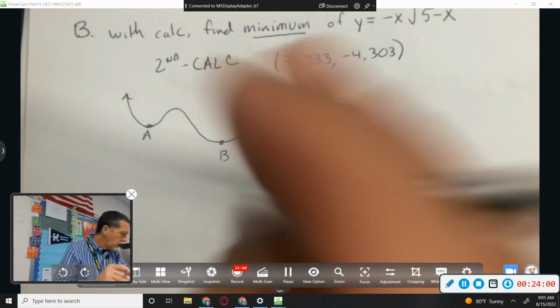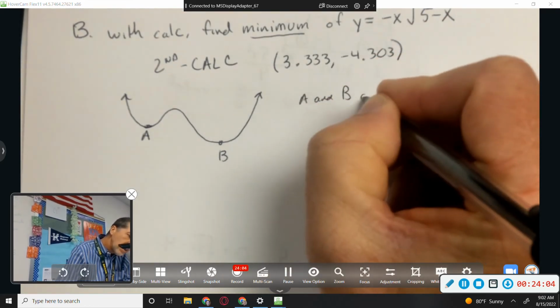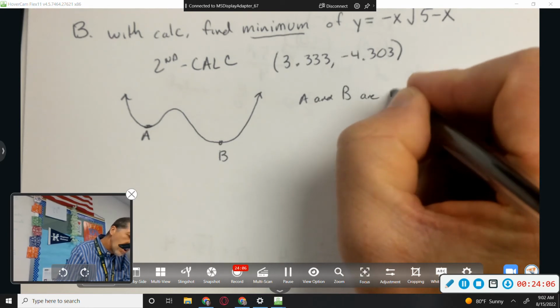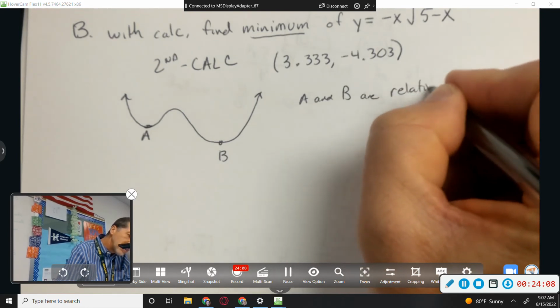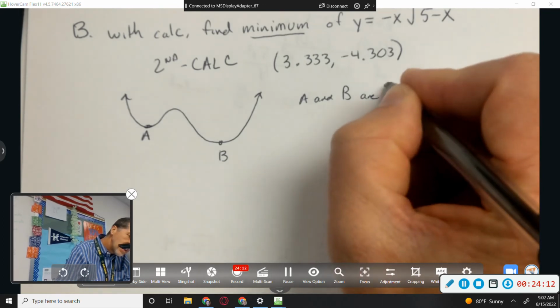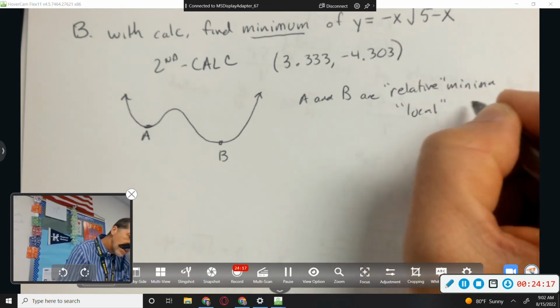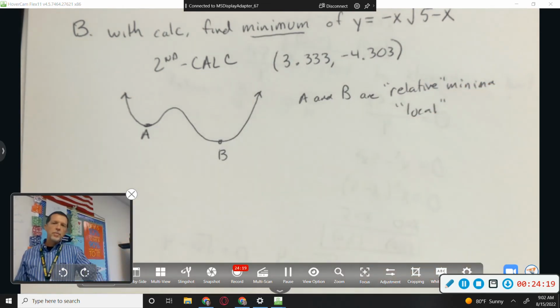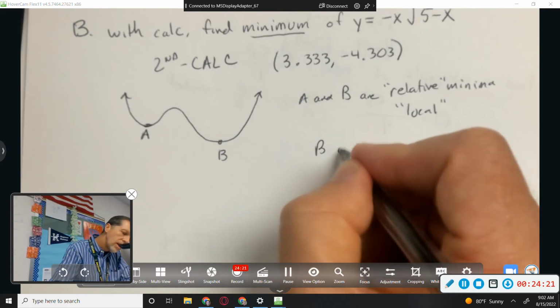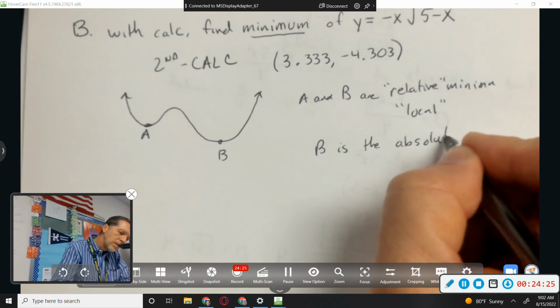They're both, A and B, are relative minima, or local minima. B is the absolute minimum.